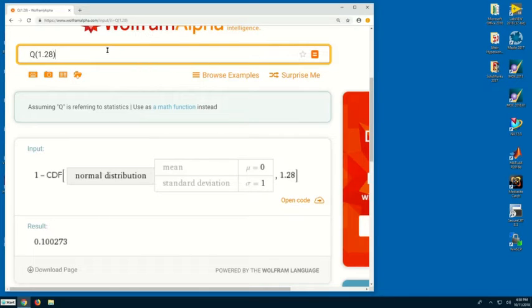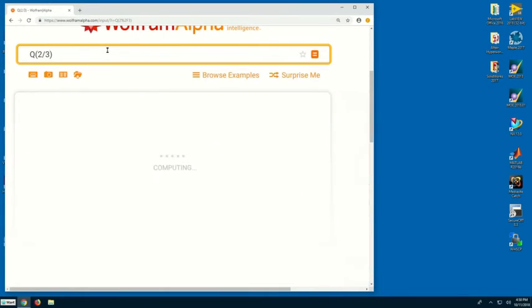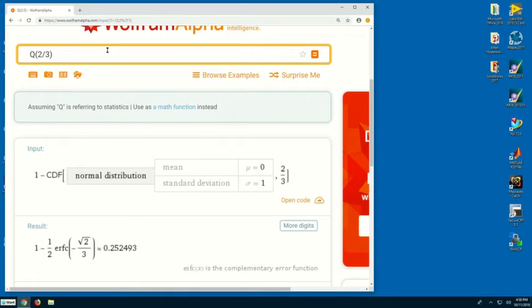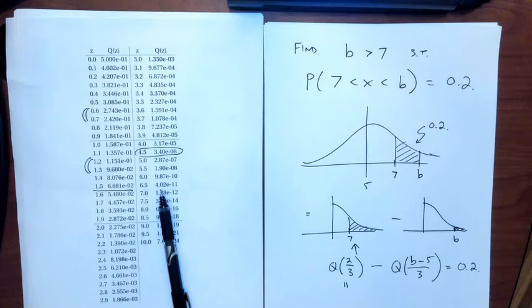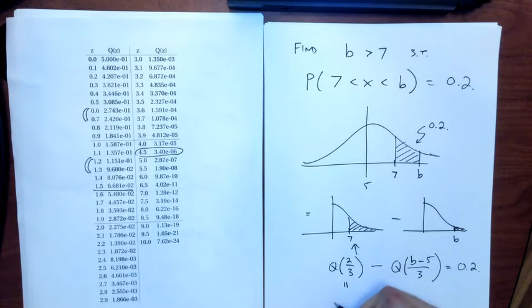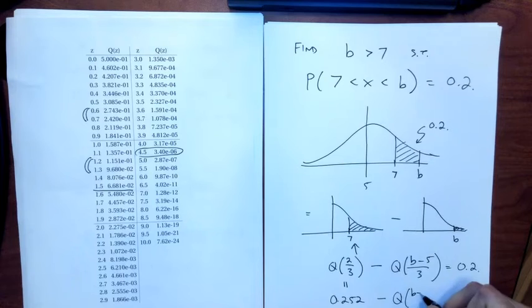If I want to, I could go back to Wolfram Alpha and do a quick check. Q of 2/3 is 0.252. So that means this is 0.252 minus the thing I don't know, and that has to equal 0.2.